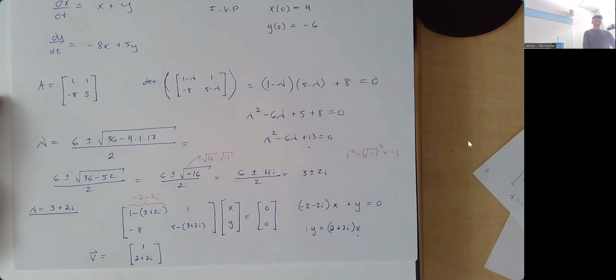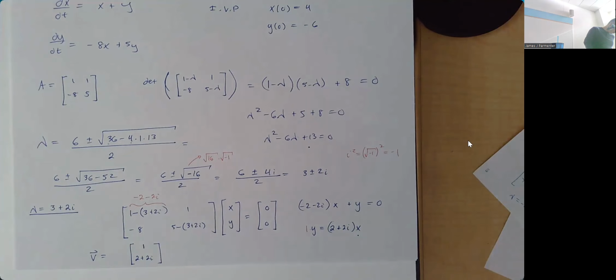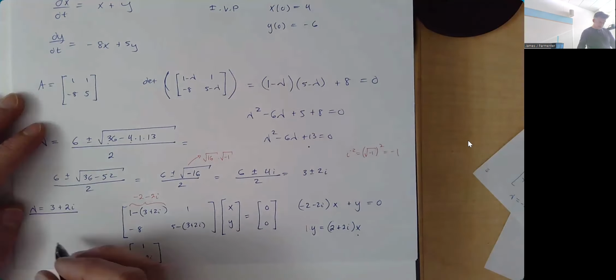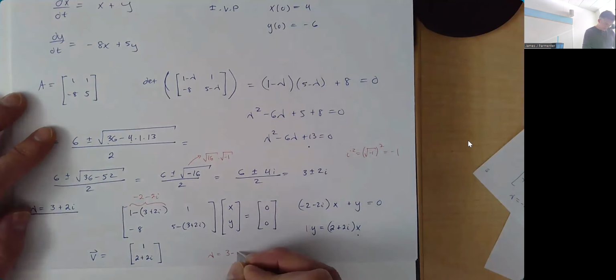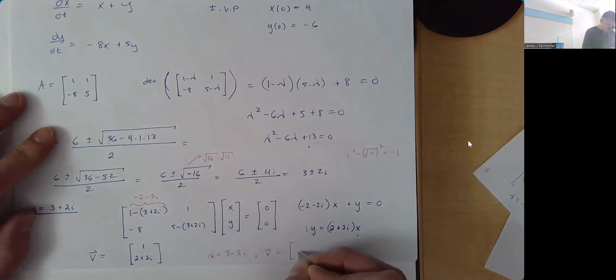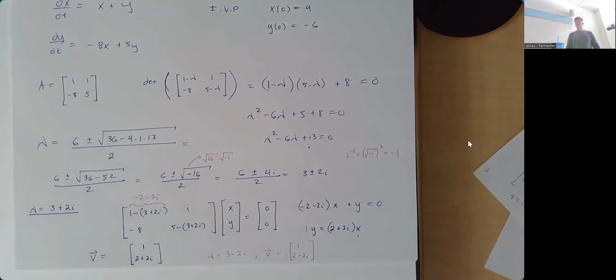And then, not that we really even need this. I don't think you actually need this. Yeah, sure, we can say it anyway. If lambda were equal to 3 minus 2i, then the eigenvector would be 1 and then 2 minus 2i.